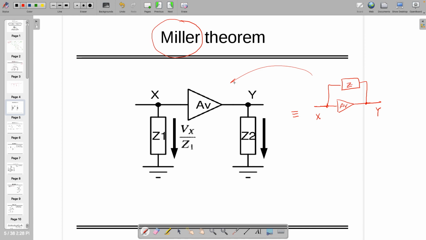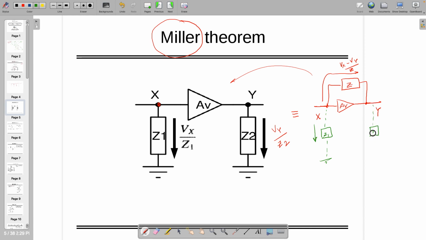The current flowing through this one was Vx minus Vy by Z. However, the current flowing through Z1 is Vx by Z1, and the current flowing through this one is Vy by Z2. Notably, from this point, the current which was going this side has no other branch. If I remove this impedance and keep it here, then whatever current was going this side, the same current should come this side, and the same is true for this one also.